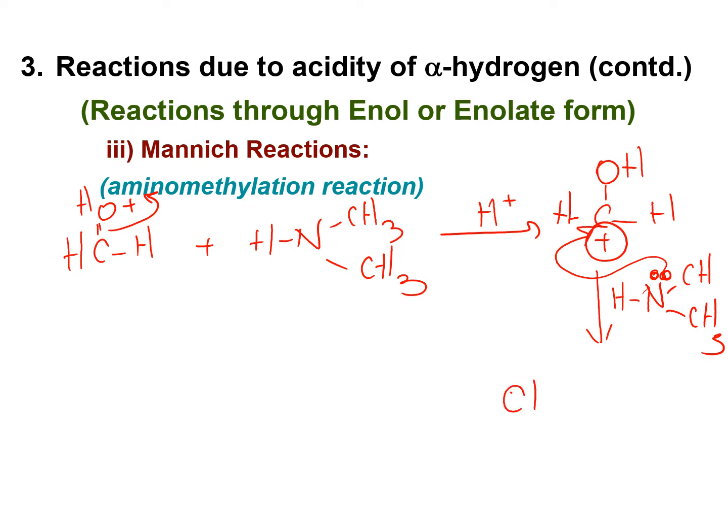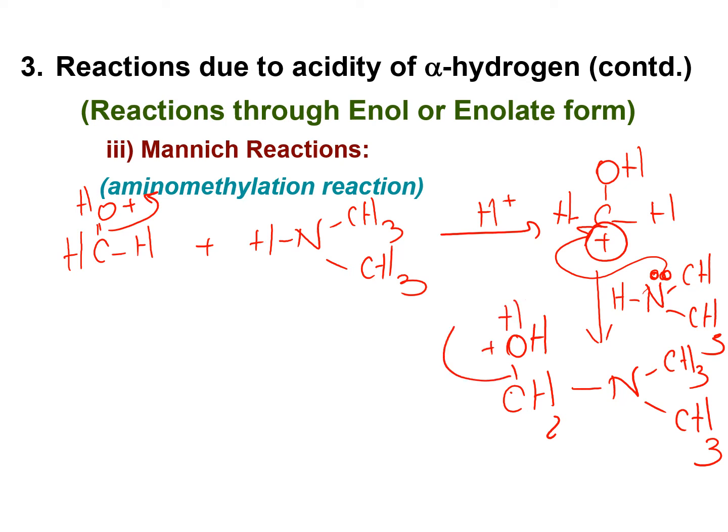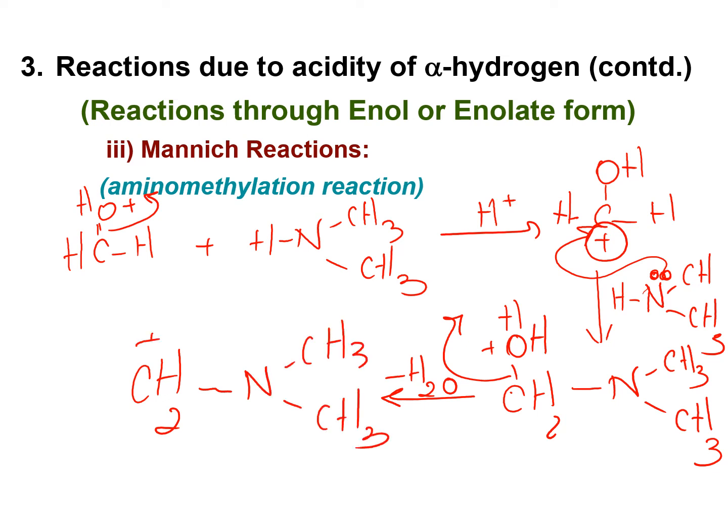So now you have the CH2 of the formaldehyde and the OH, and you have the amine now attached to it. You still have acid medium, so another protonation takes place, removing a molecule of water, giving your reagent in the form of a positively charged compound.